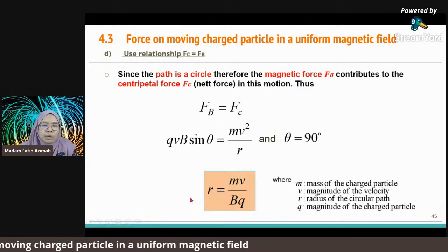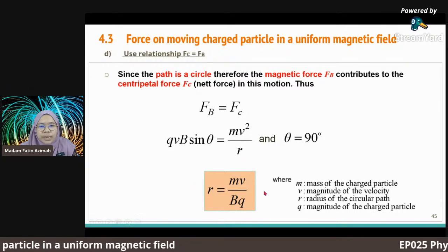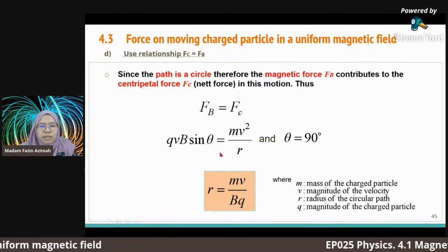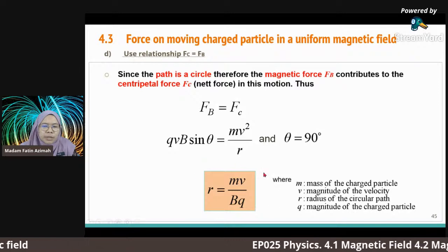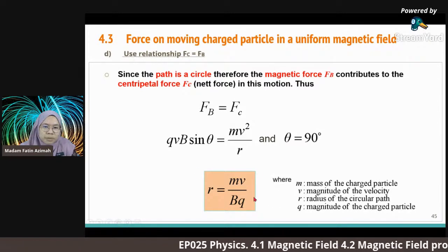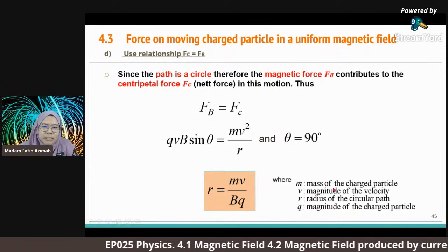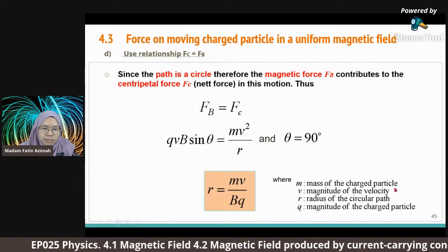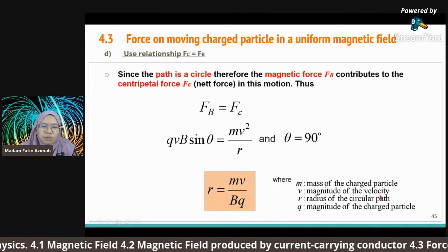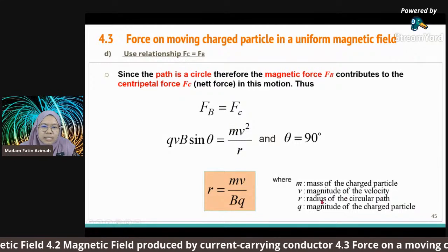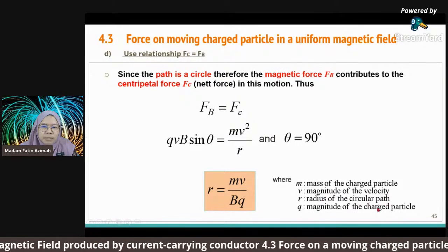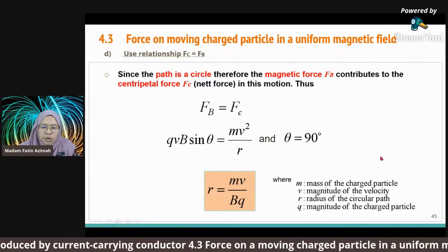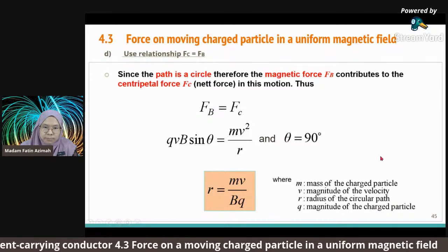If you are required to find the radius of the circular motion, you can rearrange using this formula, where m is the mass of the charged particle, v is the magnitude of the velocity, r is the radius of the circular path, q is the magnitude of the charge of the particle.